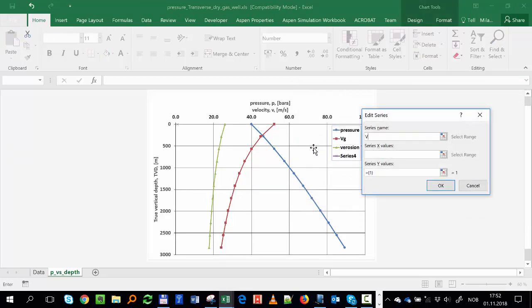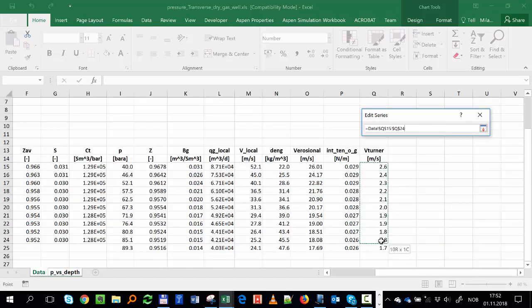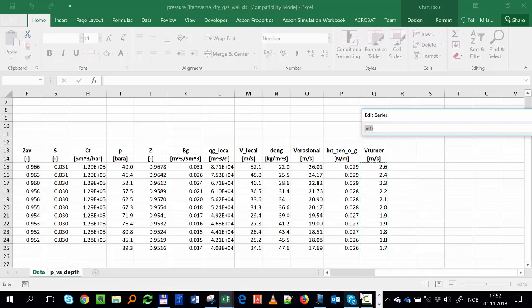So I include it here. Let's call this V Turner. X would be velocity, TVD will be to the left.